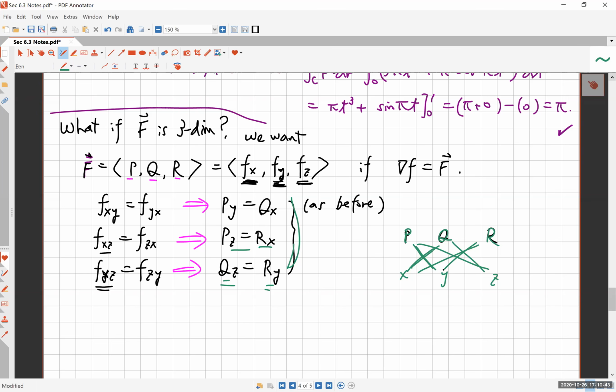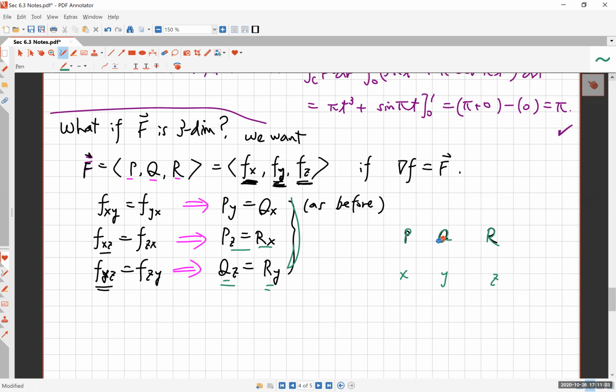So if you remember this picture, I think that would be a lot easier to remember these three conditions. I'm going to do this again. This is a dynamic way of teaching because I am continuing to erase and then write again.